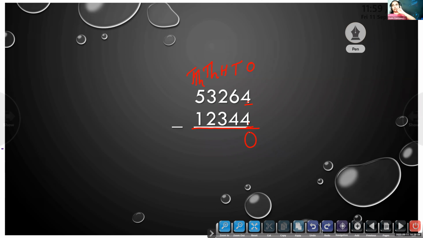Look at me. How do we count from 4 to 6? After 4, which is the next number? 5, 6. We will get 2. 6 minus 4 is 2.